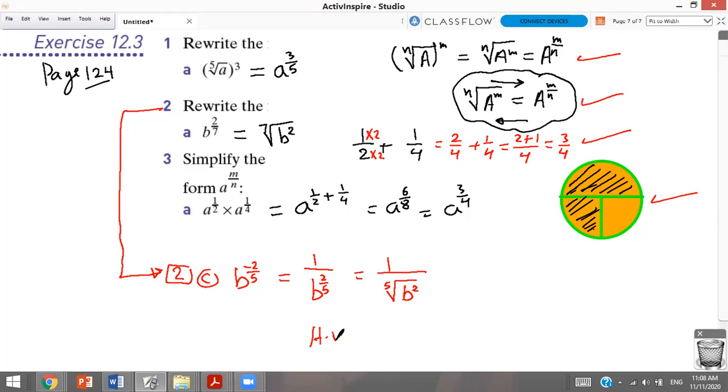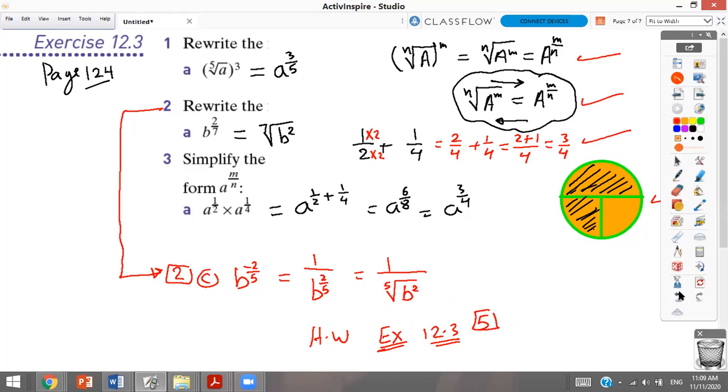Now you must take your homework because our time will be only 6 minutes left. Exercise 12.3. I think it's not too much. How many questions? 5.